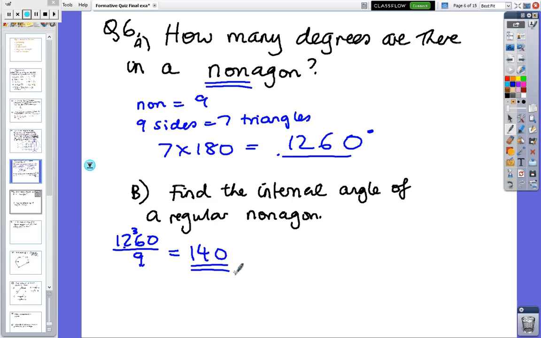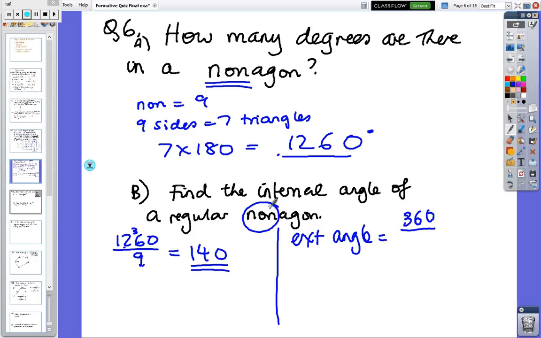But there's another way of doing it, in that the external angle equals 360 divided by 9, which is 40 degrees. And therefore, once we've got the external angle is 40, the internal must be 140 because they add up to a straight line. So there's 2 ways of doing it, and you can just choose whatever you like.